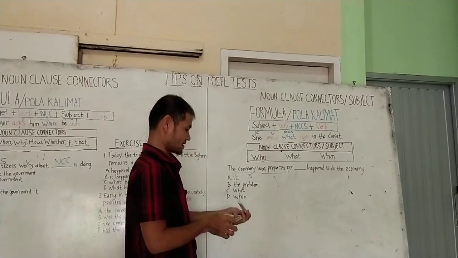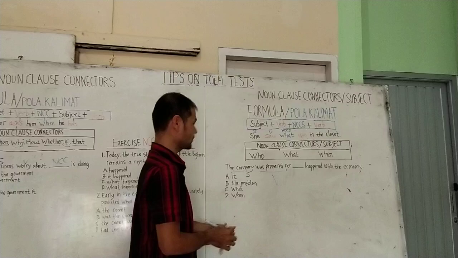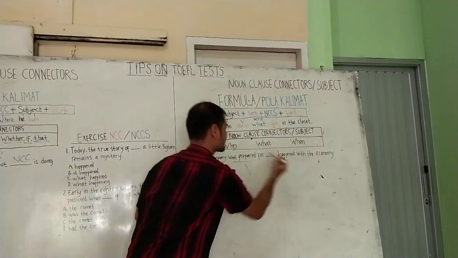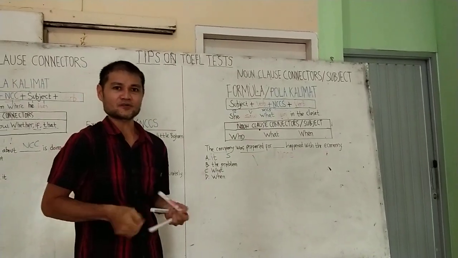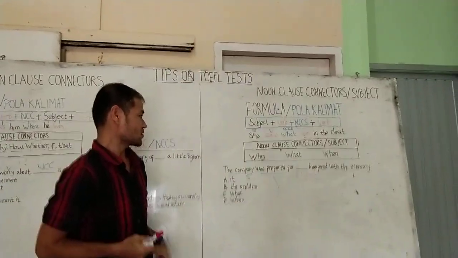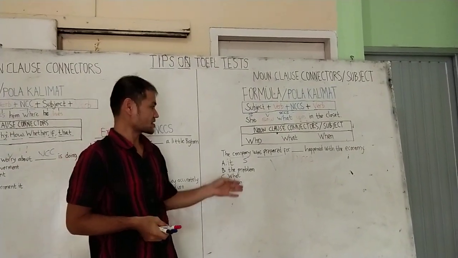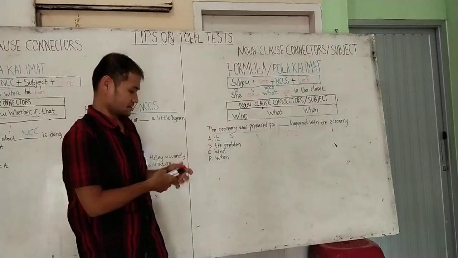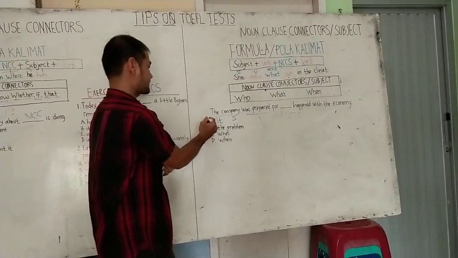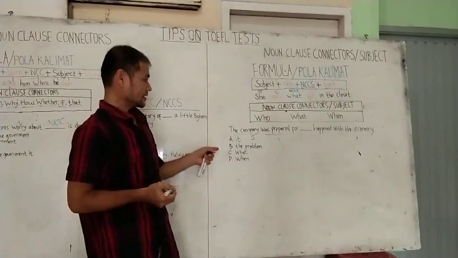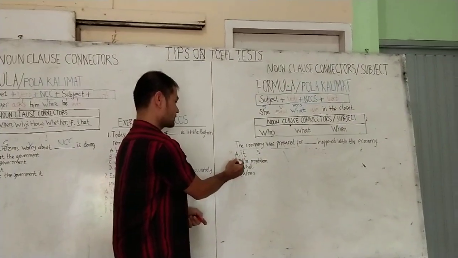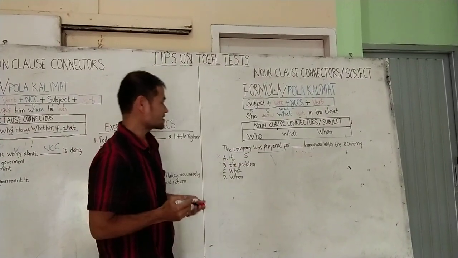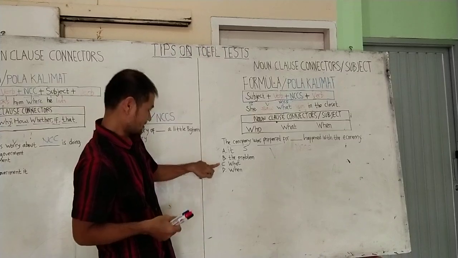Yes, it must be followed by NCCS. Now try to look at the multiple choice, which is the NCCS. A, it. Of course, it is incorrect. B, the problem. Incorrect too. C, what? NCCS. Yes.